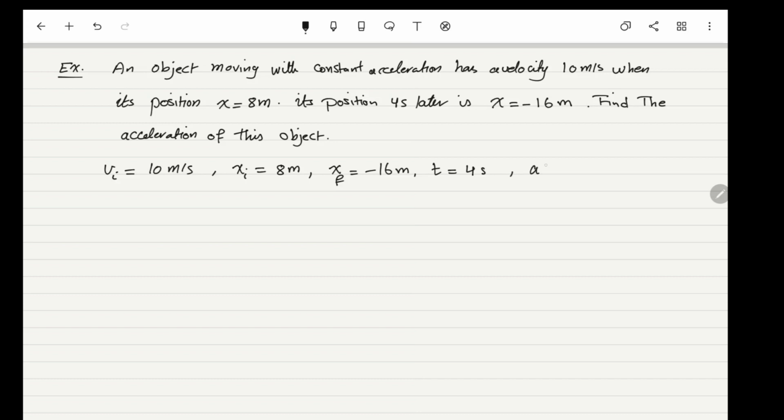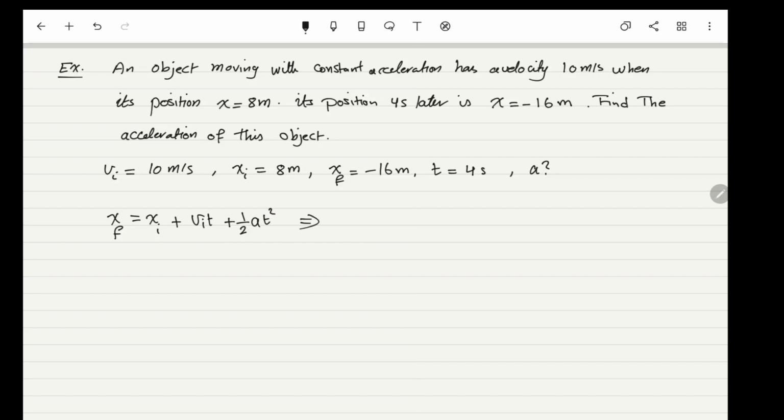Now acceleration, that's what we look for. Let's use here x final equal to x initial plus v initial t plus half a t square.